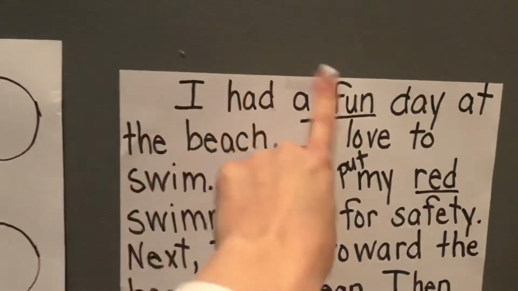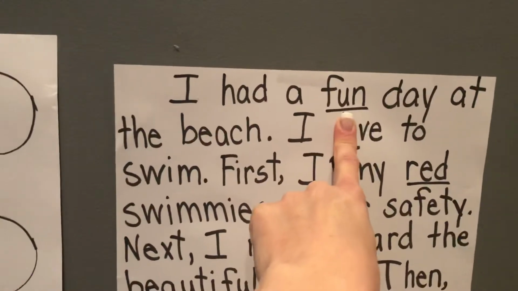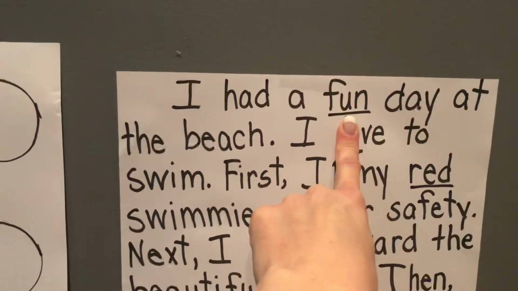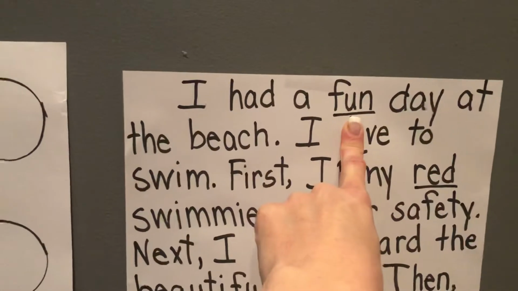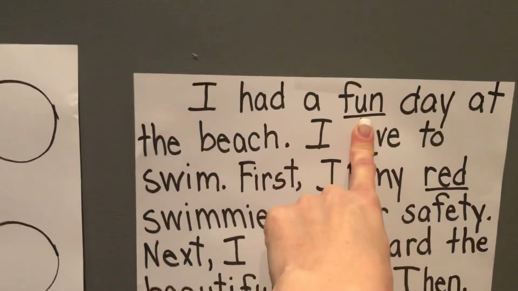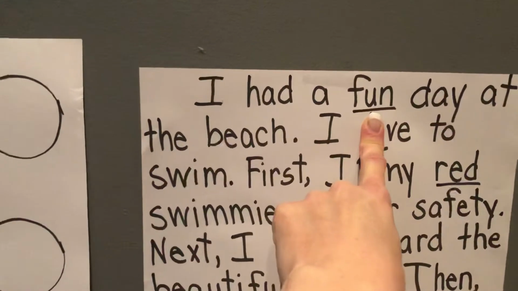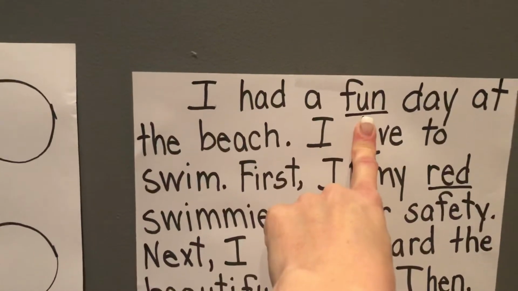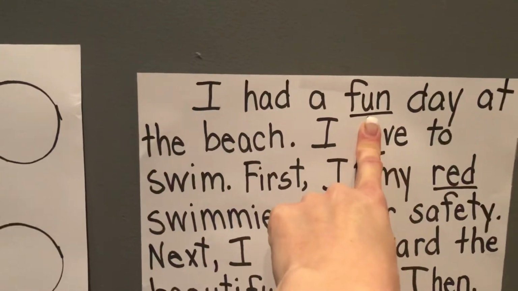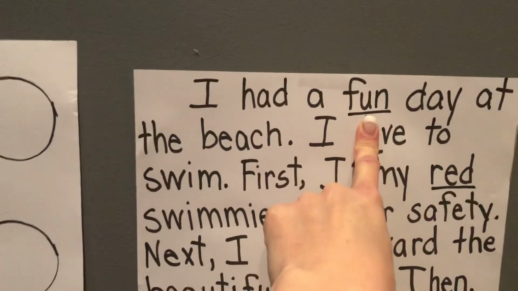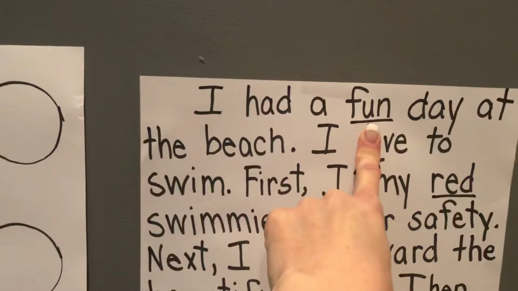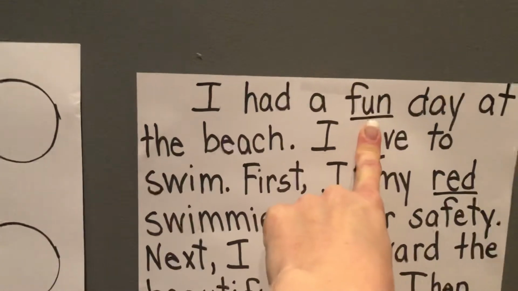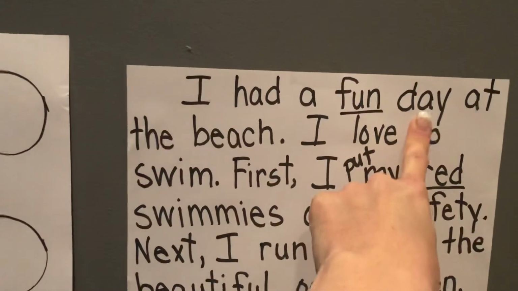Now, take a moment and look at the word fun. Now, think back. What is this word? Okay? It's an adjective. What is an adjective? Take a moment and tell someone that might be sitting next to you, parent or sibling, okay, you should have told them that an adjective describes a person, place, or thing.